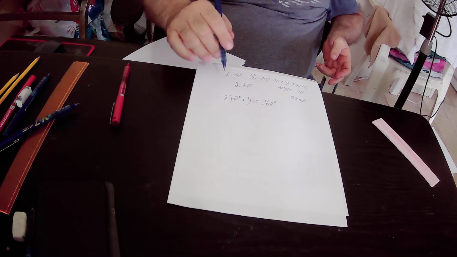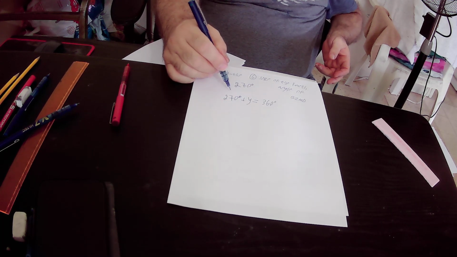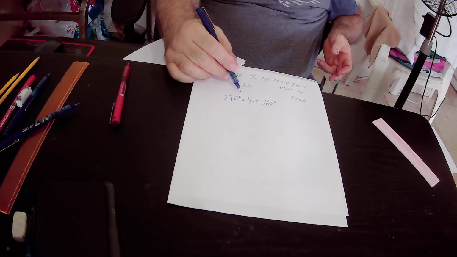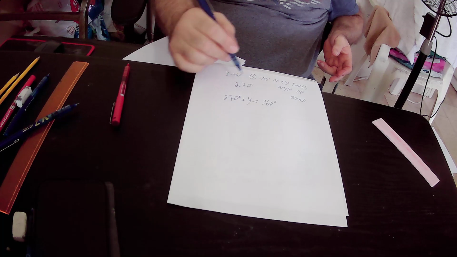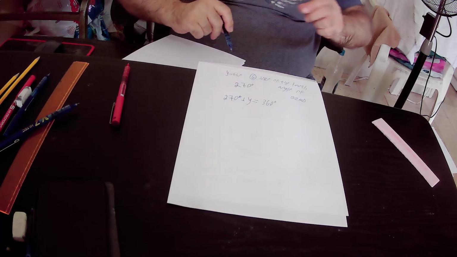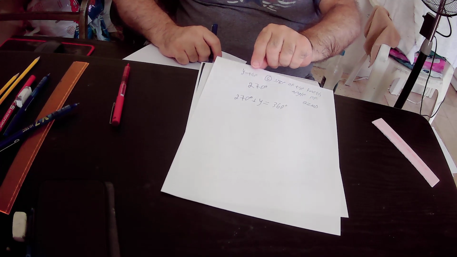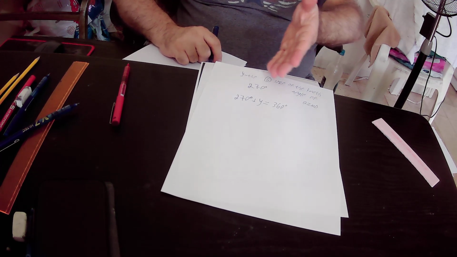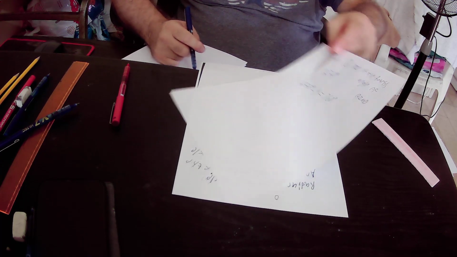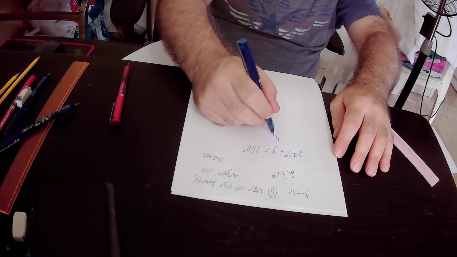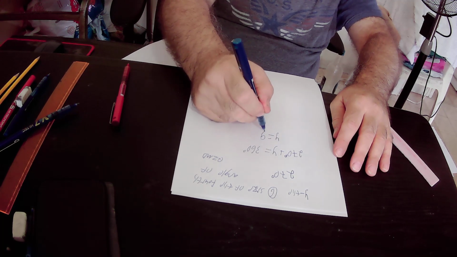So from this equality we subtract that 270 degrees, and we get the value of y equals 90 degrees.